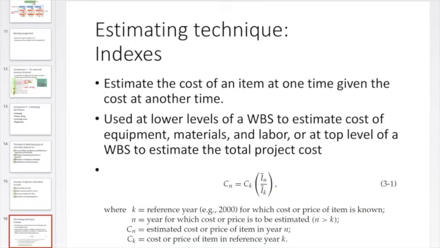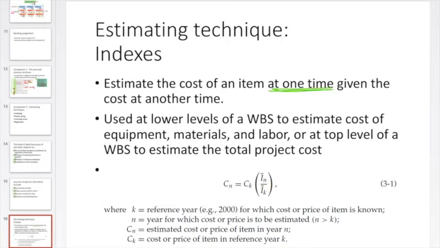All right, so now let's take a look at the first estimating technique, indexes. It's called indexing or indexes. Both are fine, okay? This estimating method is to estimate the cost of an item at one time given the cost at another time.